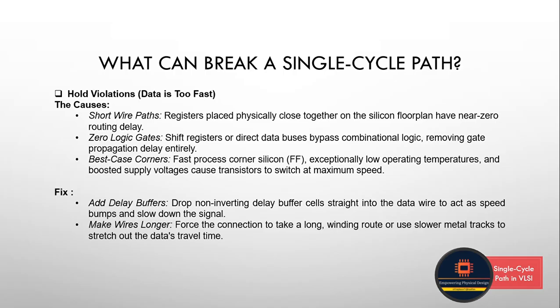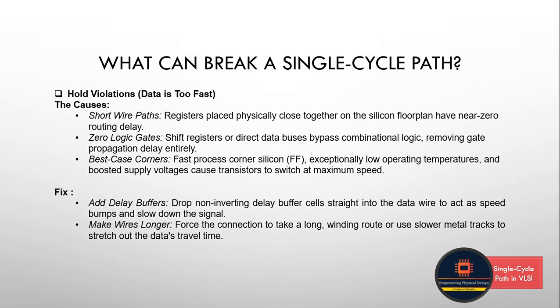That can be a reason. Or the best case scenario, what we call the fast process, fast corner. The fast corner can also affect, especially at lower operating temperature, or when the supply voltage is too high, so that can also speed things up.